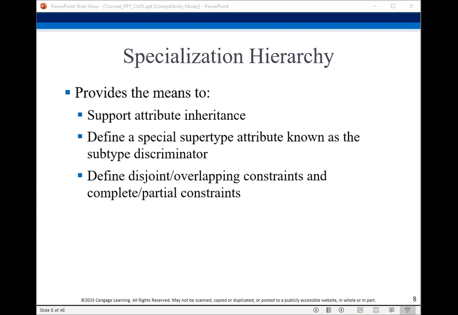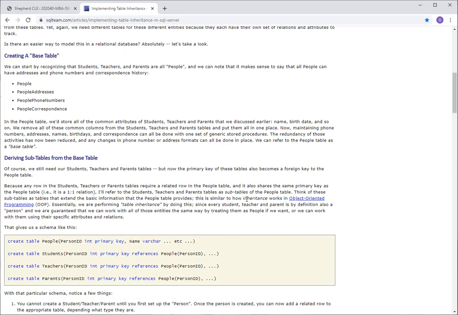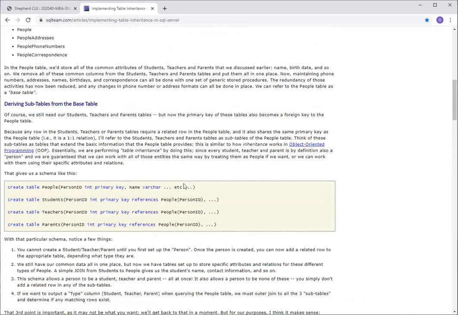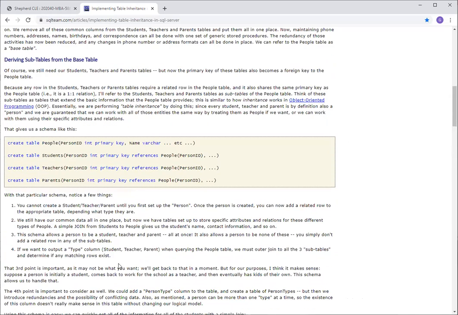I'll change the share here. So in Microsoft SQL Server, the way we would do this is we would create a base table, for example, people, and we derive subtables from the base table. So we create our people table, then we derive the table student, where person ID references people person ID.